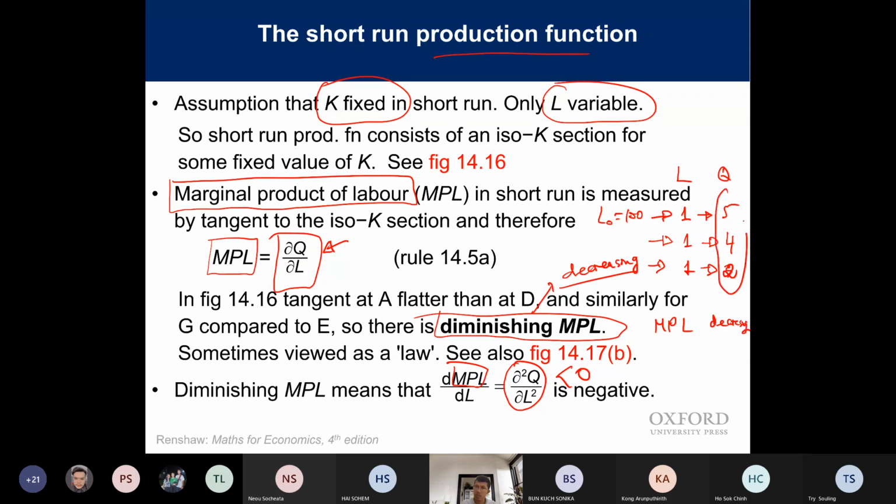As you can see, we keep increasing L by 1, but the result keeps decreasing. A function is decreasing means its derivative is negative. So we capture the concept of diminishing marginal product of labor by the derivative. Its derivative with respect to L is negative. Okay, so it makes sense.